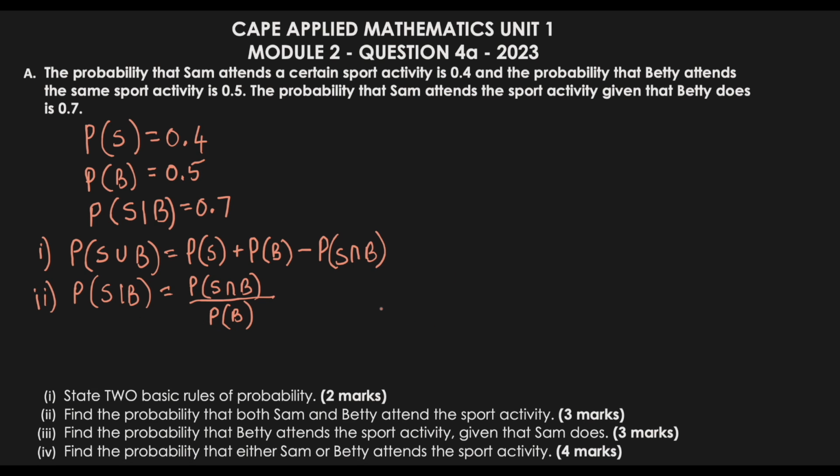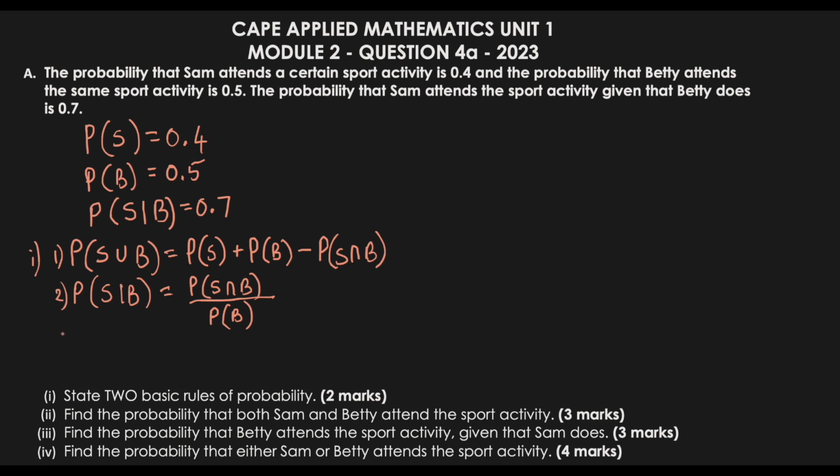If we had it the other way around, P(B given S), we would have the same intersection at the top, but this time we divide by P(S). We could also have the complement rule, which means, for instance, P(S) is equal to 1 take away the probability of not S. So that's another rule that we could have.